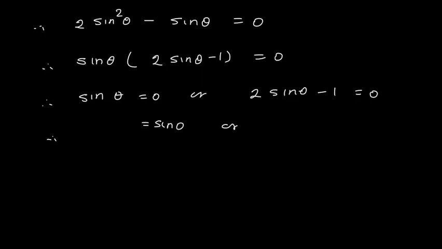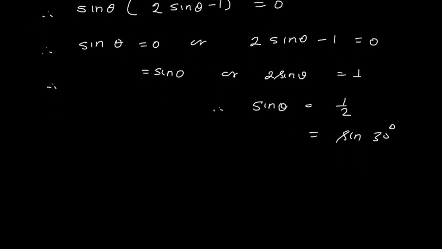Or 2 sin theta is equal to 1, so your sin theta is equal to half, and this half is nothing but sin 30 degree. So you have theta is 0 degree or you have theta is 30 degree.